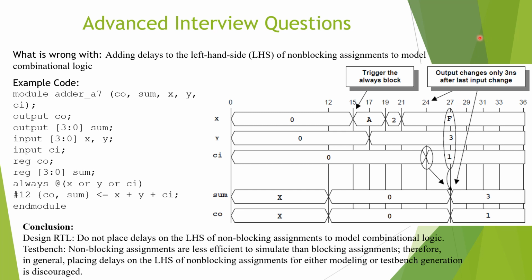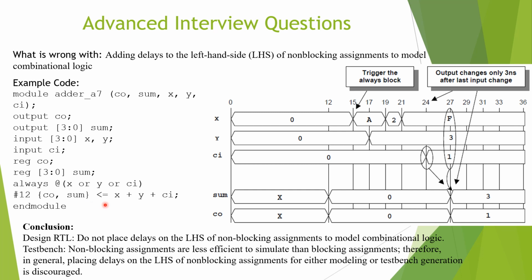The next question is, what is wrong with adding delays to the left-hand side of non-blocking assignments to model combinational logic? Here is the example code where we are using the same adder and putting a # delay on the left-hand side of the non-blocking assignment statement.